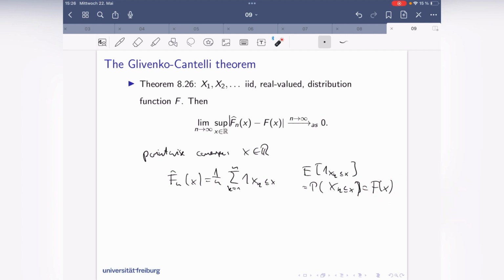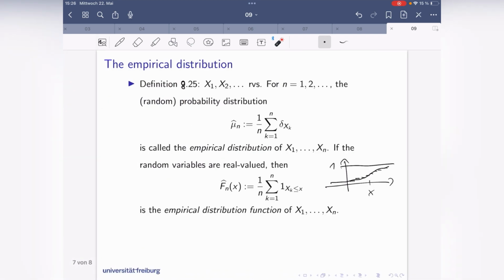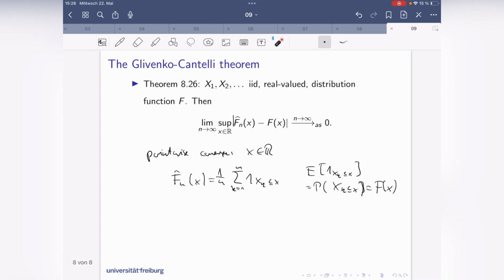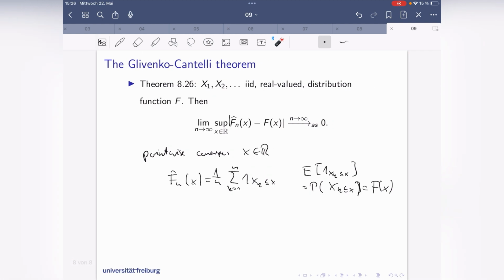And then for the uniform convergence, which I'm not going to show you here, you need that the distribution functions are only between 0 and 1 and also increasing, so not very much can happen in order to destroy the uniform convergence. And well, that's it basically.